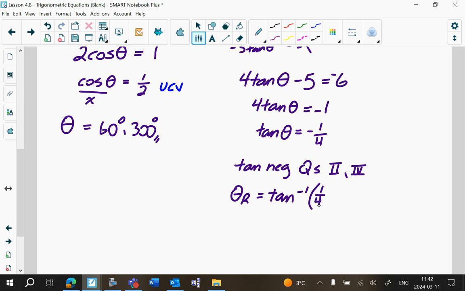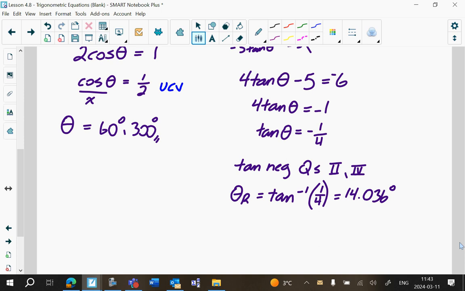Remember, if it's positive, you have nothing to worry about. If it's negative, you have to change it to positive. Otherwise, you could get a weird answer. When you do that and round it to 3 decimal places, you are going to get 14.036 degrees.